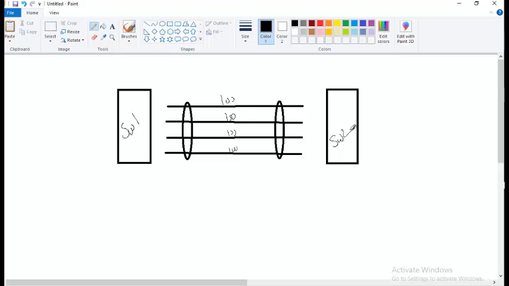One side cannot be Gig Ethernet and another side Fast Ethernet. And no port in this should be a SPAN port. SPAN we learned, switch port analyzer, is nothing but port mirroring. None of these ports should be a SPAN port.